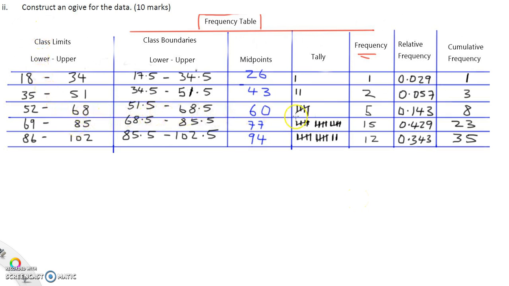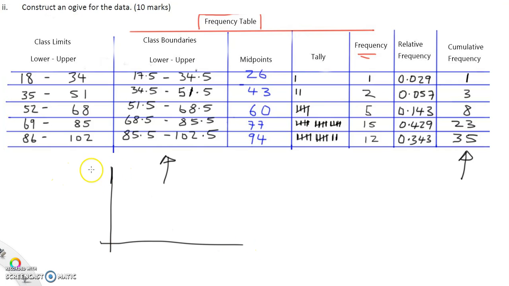And to produce the Ogive, we'll only be using the cumulative frequency column and the class boundaries. These are the only two columns we'll be using to create our Ogive. Right, so our Ogive is going to be a wee graph. Here's a rough sketch, right?